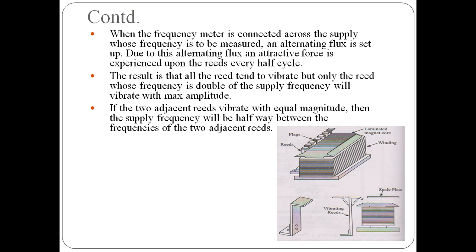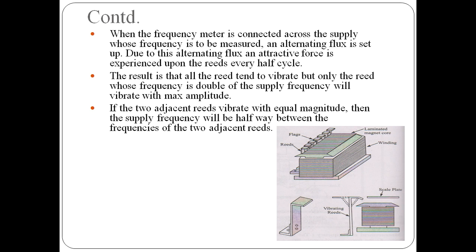When the frequency meter is connected across the supply whose frequency is to be measured, an alternating flux is set up. Due to this alternating flux, an attractive force is experienced by the reeds every half cycle.